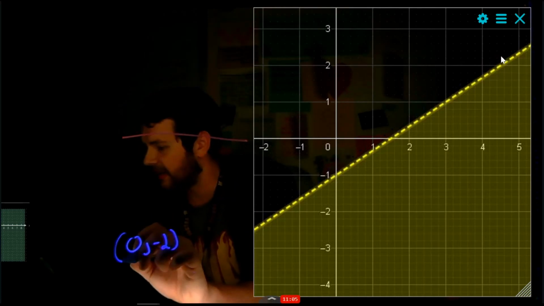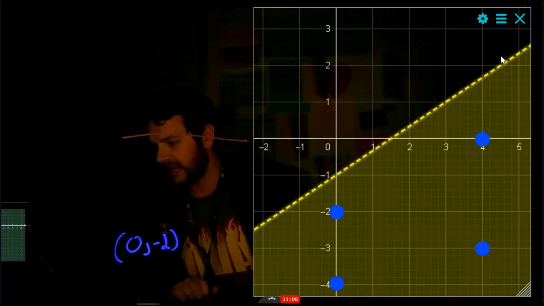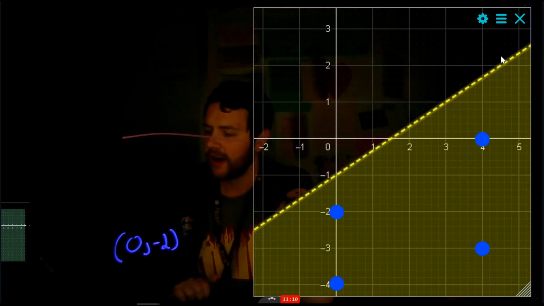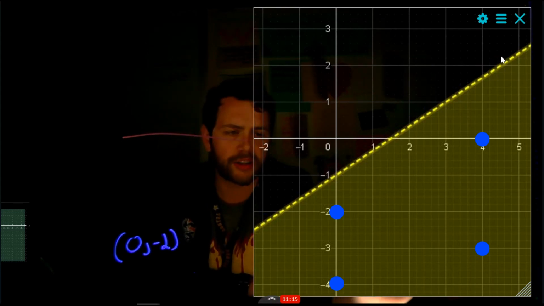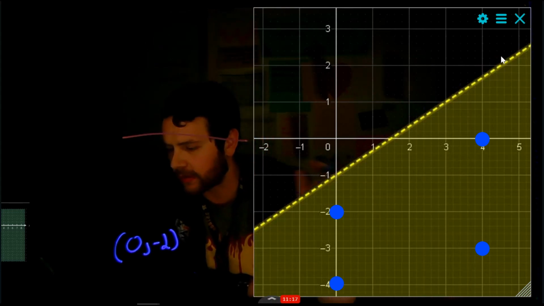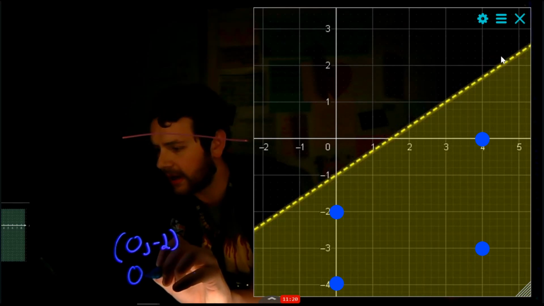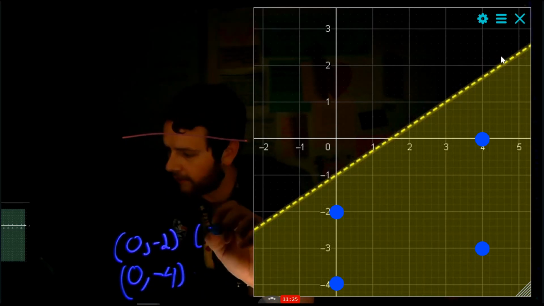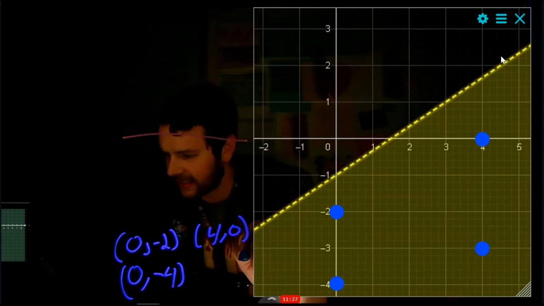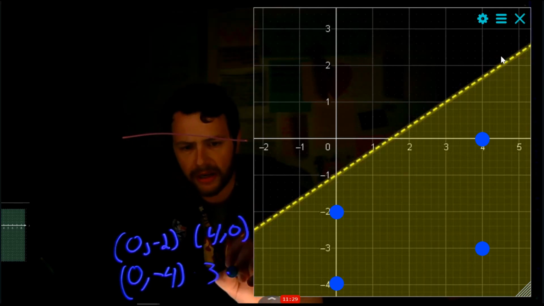That is in the solution. Anything in this solid shaded region is going to be in the solution. So we can name some more like 0 and -4. That's in the solution. We can even do 4 and 0. That's in the solution. We could say 3 and -3.